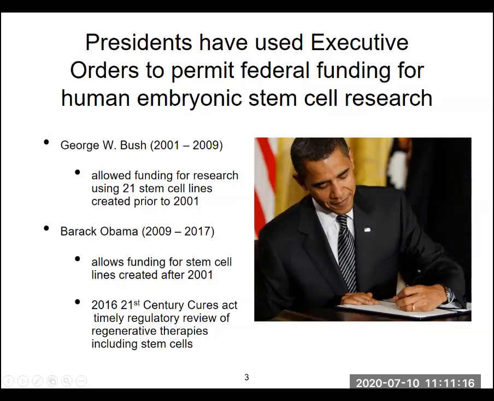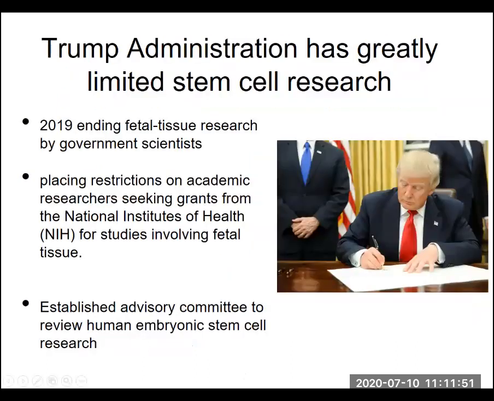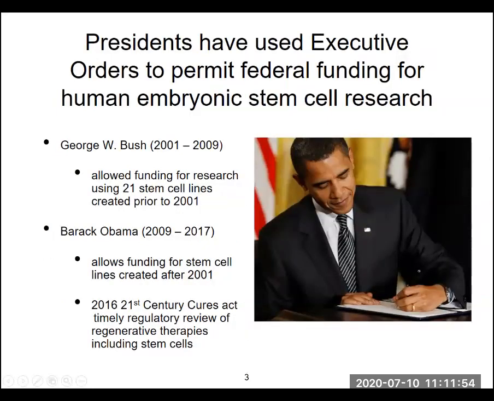As we begin to understand stem cell science a little bit better, and how we can use it for the treatment of human disease, instead of having to go through a long regulatory burden to get it approved, the 21st Century Cures Act ideally is going to allow for a more rapid review in the hopes that we can get some of these human stem cell treatments out to the patients that need it relatively quickly. And again, these are the regulations that we have in place up to 2017.